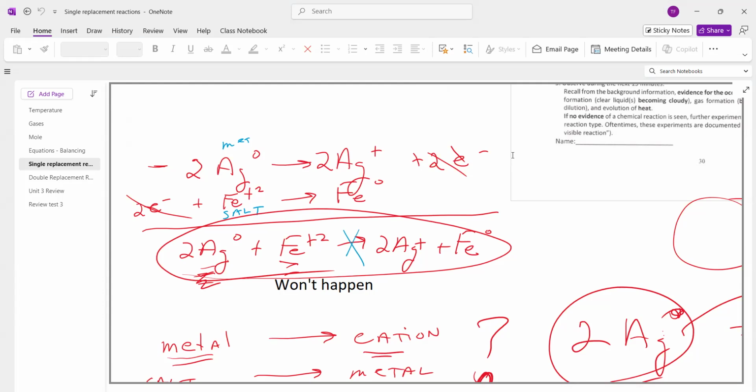Now, question is, is this reaction going to happen? There's 2 ways to answer that question. For us, it's going to be the activity table. When you get into 2B, you're going to talk about something called electron volt values. And that's what the activity table is based on.